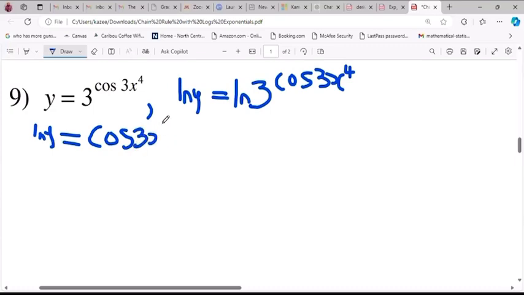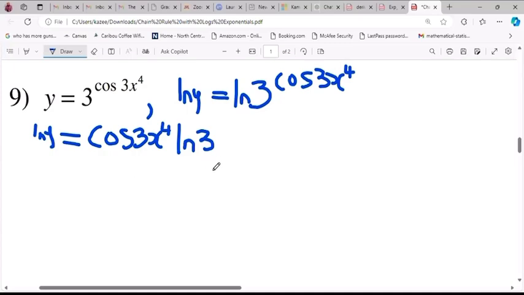That was what I brought down, right? Then that will be multiplied by ln 3. Take a look at that. So I told you the essence of introducing ln to both sides is actually to bring the power down.